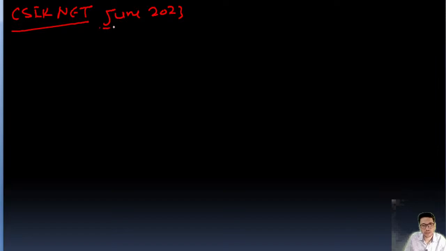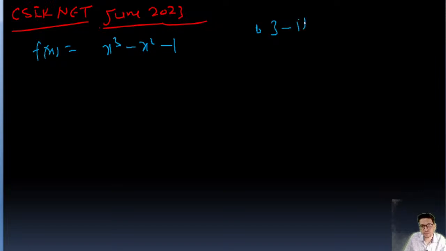The question is f(x) equal to x cube minus x square minus 1. You need to find the root in 3 iterations. This is the function given.